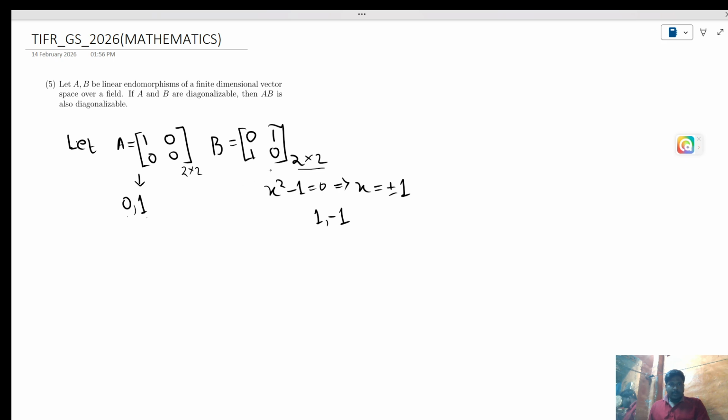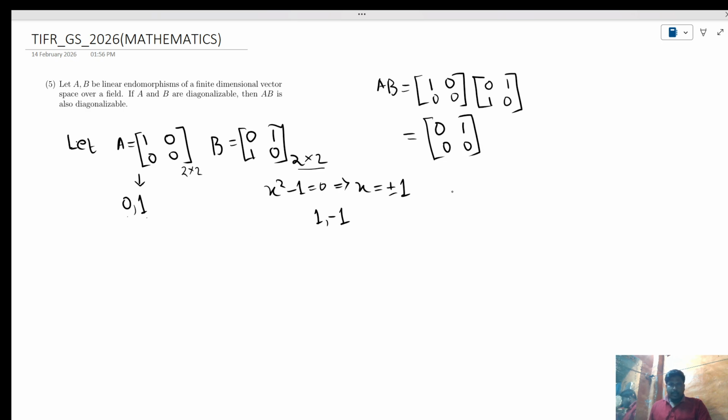Now we have to check whether AB is diagonalizable or not. So check AB. Using the matrix multiplication rule, 1 0 0 0 and then 0 1 1 0, which gives 0 1 0 0.